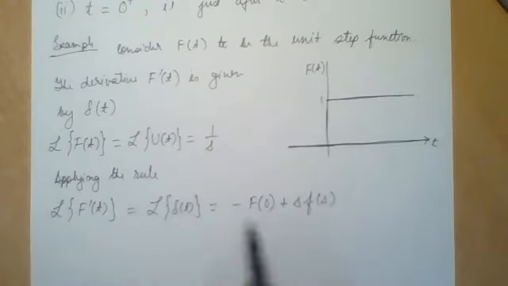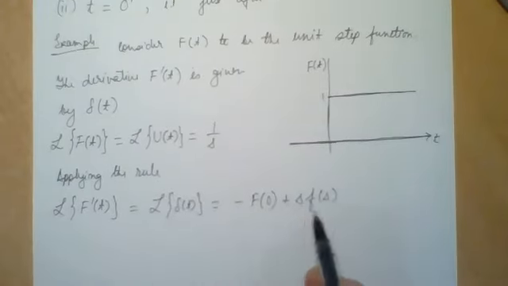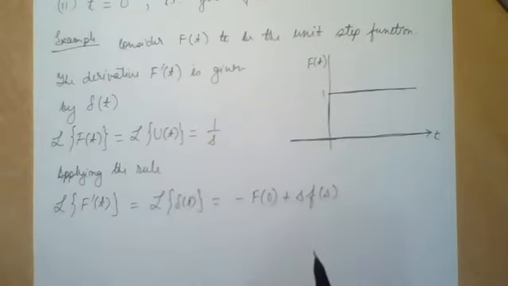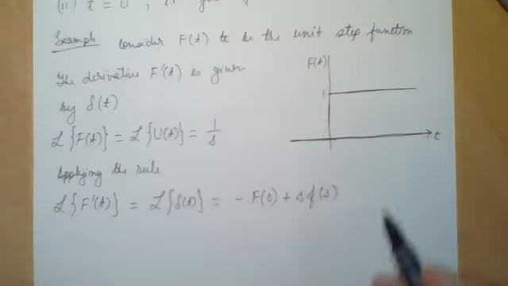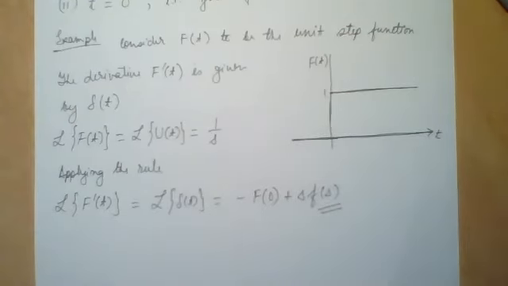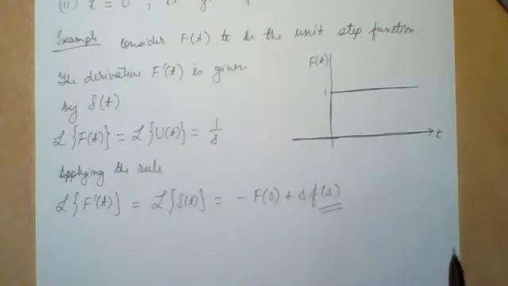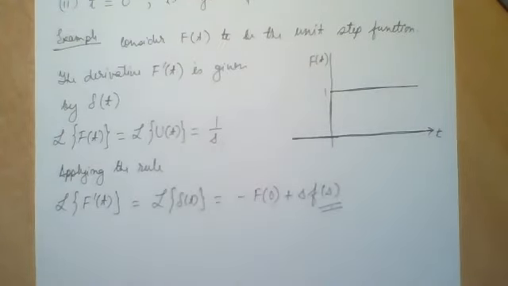That is, s F of s minus f of 0. Now let us calculate this. F of s we already know is 1 by s.